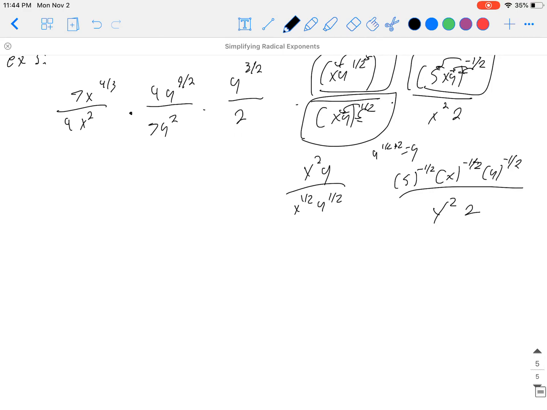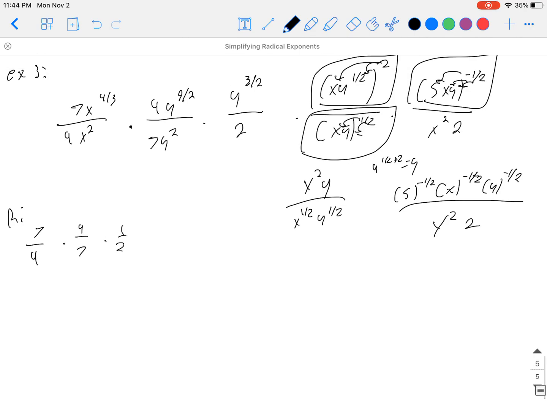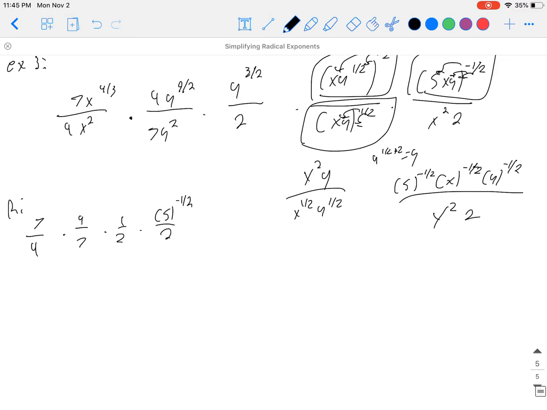So first, like always, let's start with the real numbers. We have 7 over 4 times 4 over 7 times 1 over 2 times 5 to the negative 1/2 divided by 2. First things first, we need to take the 5 to the negative 1/2 and move that to the denominator by using the negative inverse rule.